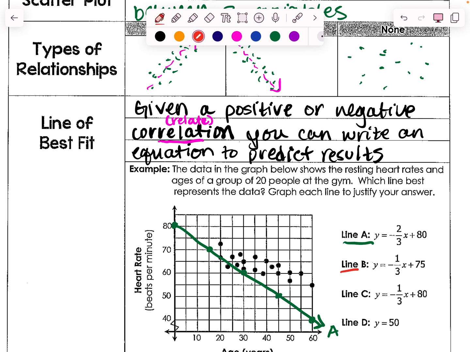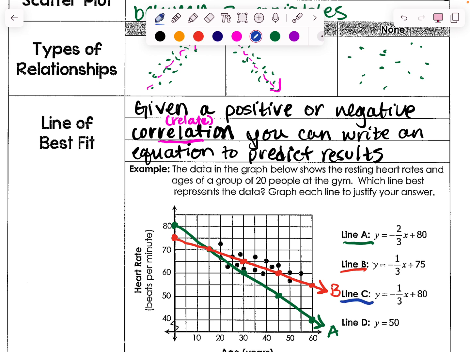Let's look at line B. We're at 75, which is right here. And go down 1 over 3. Down 1 over 3. Down 1 over 3. That's line B. That one looks pretty good, right? But let's check the other ones because we have another 1/3.